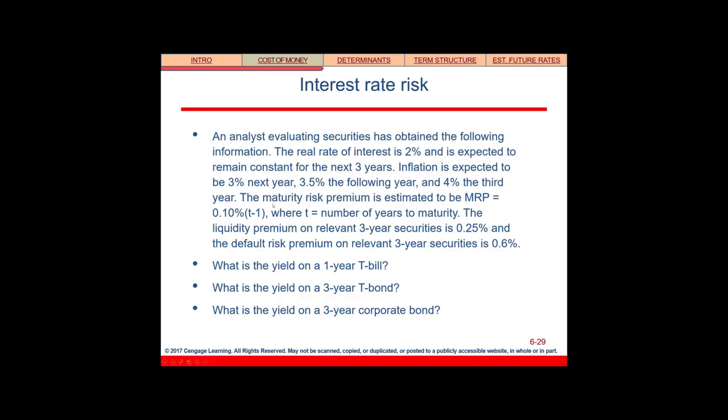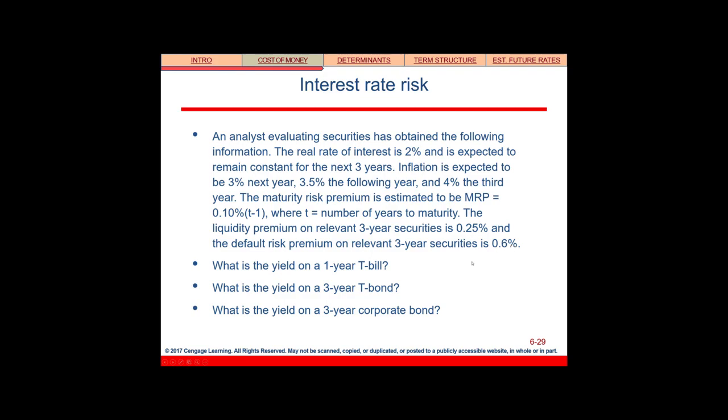And then the maturity risk premium is estimated to be 0.1% times (t minus 1), where t is the number of years to maturity. The liquidity premium on the relevant 3-year security is 0.25%, and the default risk premium on the relevant 3-year security is 0.6%. So this is LP, liquidity premium, and this one is DRP, default risk premium, right?